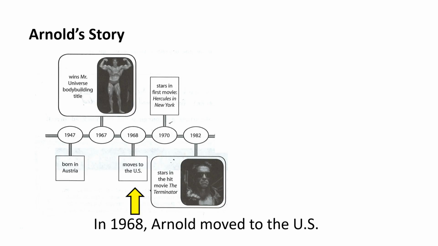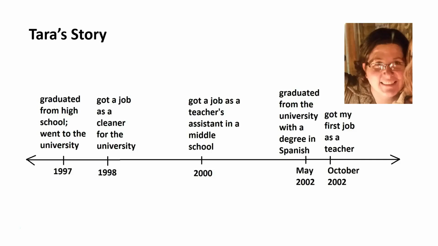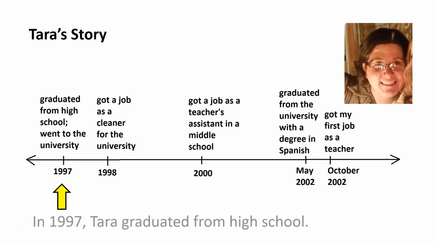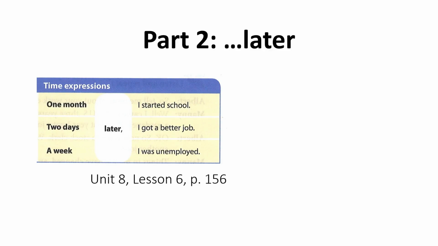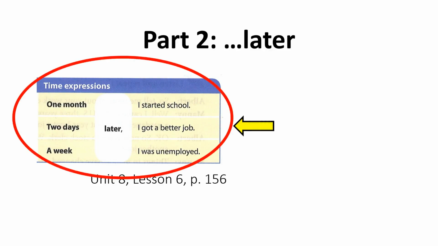I would say in 1967 or in 1947. And for my own story, I could say in 1997, Tara graduated from high school. So in, you already know and you already use. It's pretty easy.